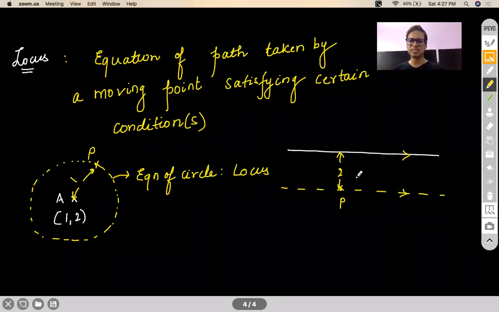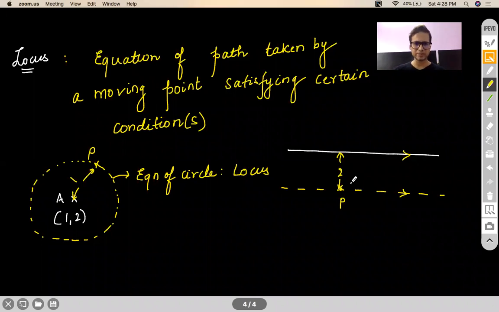Of course, you have to know the equation of this line to exactly find out the locus. But the idea is clear. Locus is basically the equation of the path which a point will take when it is trying to satisfy a given set of condition or conditions. And that condition will be given to you in the question. Don't worry about it.